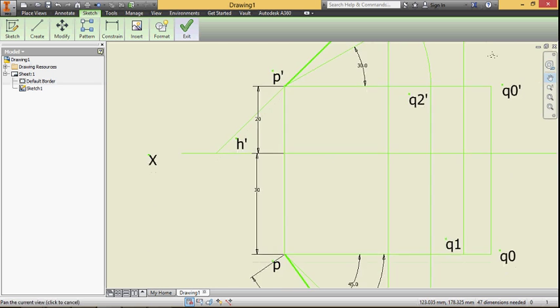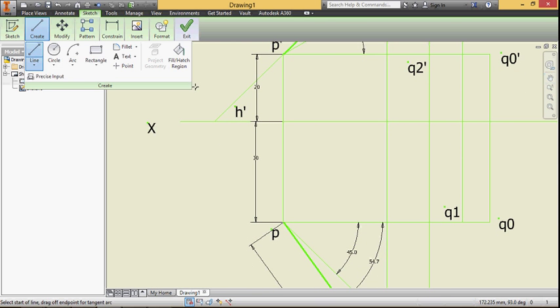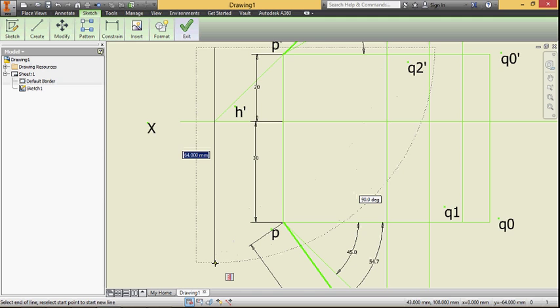Then through point H dash, draw a perpendicular line.